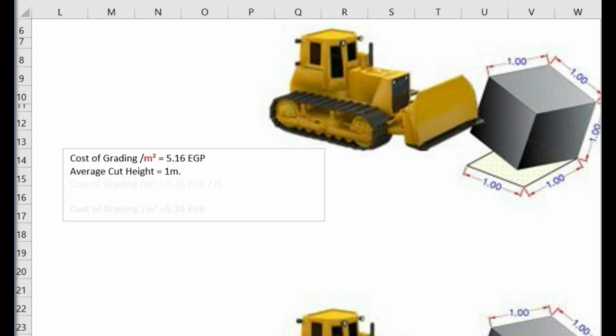In this case, we will have to load it on a cubic meter. Look carefully at the image. Assuming that the cubic meter of cut is just a uniform cube, square base 1 meter by 1 meter and 1 meter height.